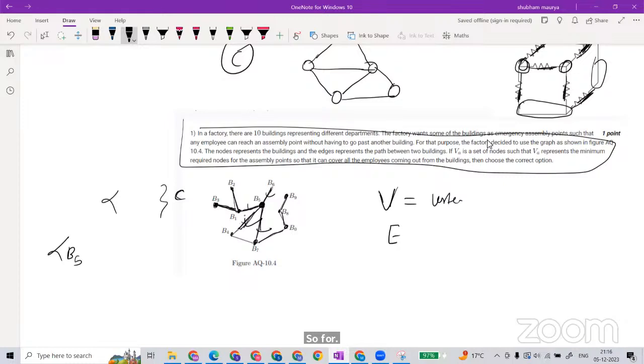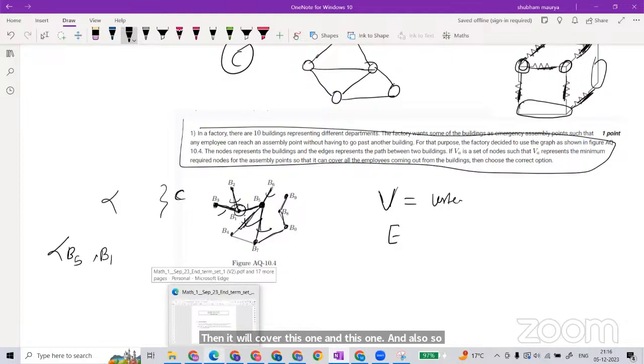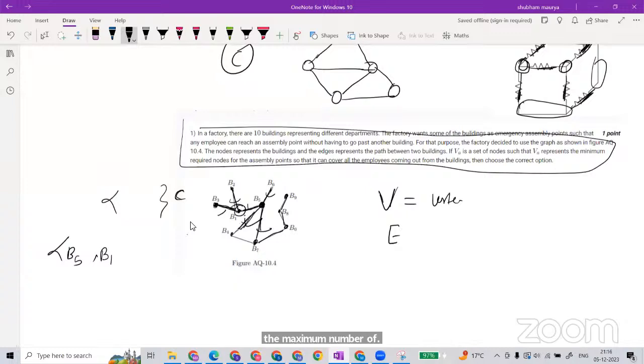Now if you choose B2 or B3, it will only cover this one. But if you choose B1, it will cover this one and this one also. So we will try to choose the minimum number of vertices which will cover the maximum number of edges. Okay, just a minute.